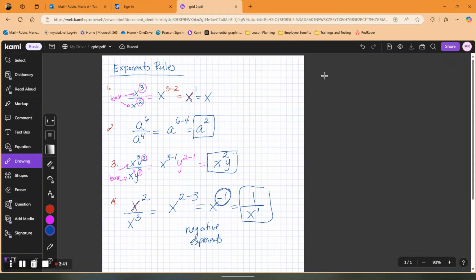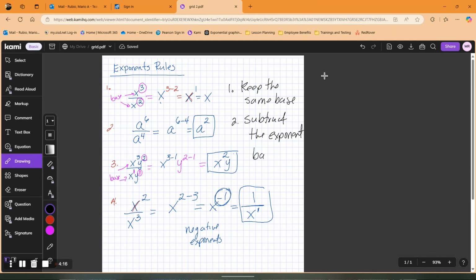This is what you need to remember. When you're dividing exponents, you keep the same base. Write this in your notebook, please. Subtract the exponent of the bottom, the denominator, from the top.